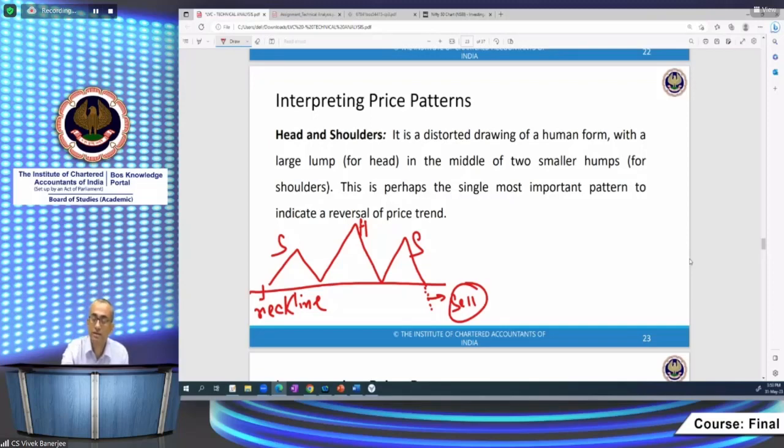When the share prices breach the neckline, for example, at this level it is 100, and when it is breached it comes to say 98, then the technical analyst will see that yes, it is time to sell, because previously it was not declining much. So it is clearly giving a sell signal or a bearish signal. Head and shoulders.